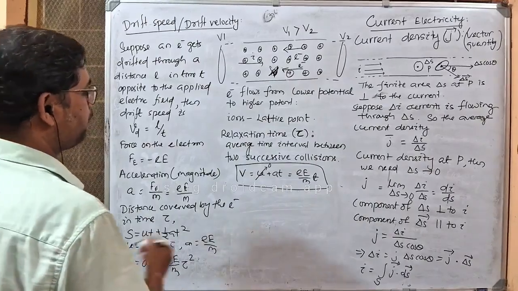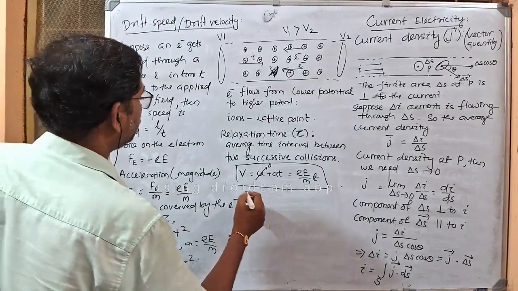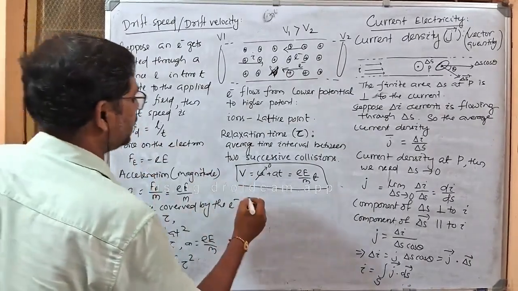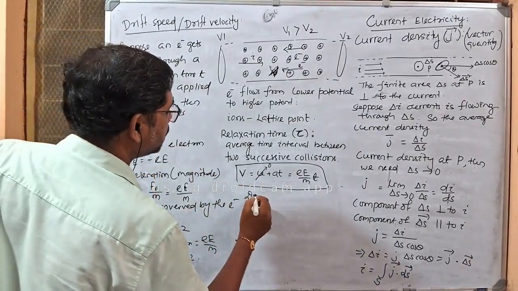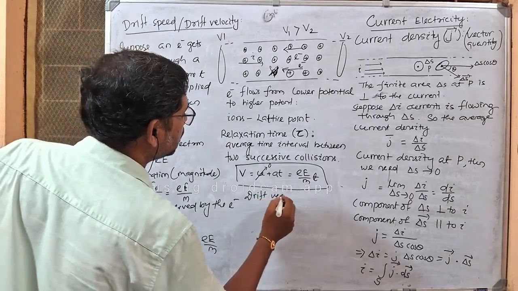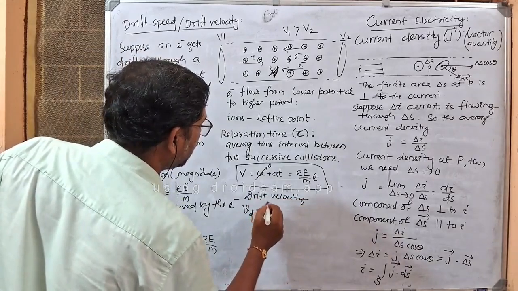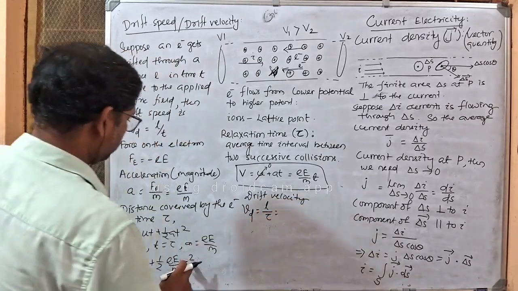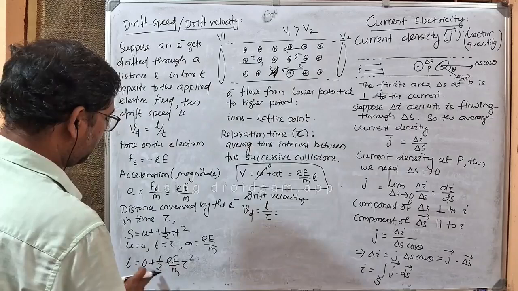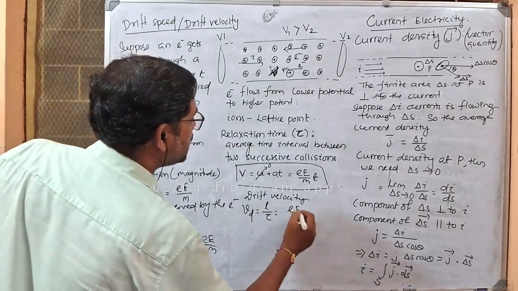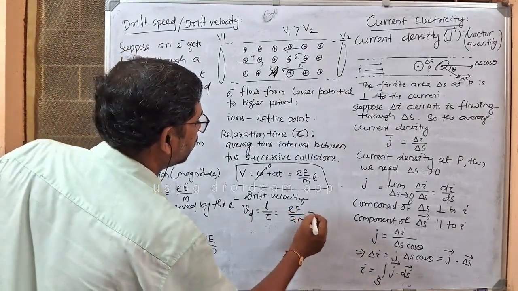From here drift velocity you will get. So we know drift velocity is L by T. So drift velocity Vd is equal to L by tau. So if you divide by tau, you will have E by 2m tau. Right?